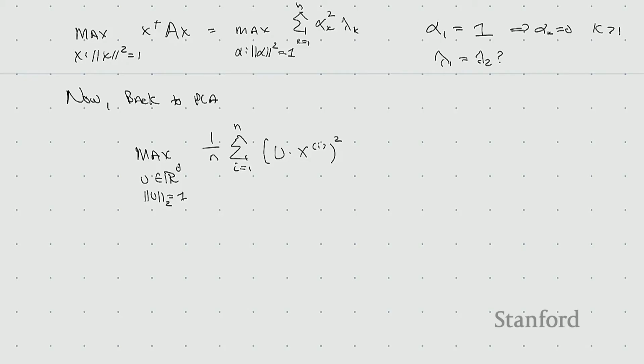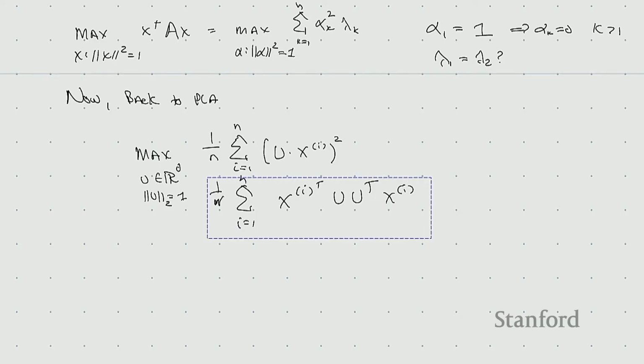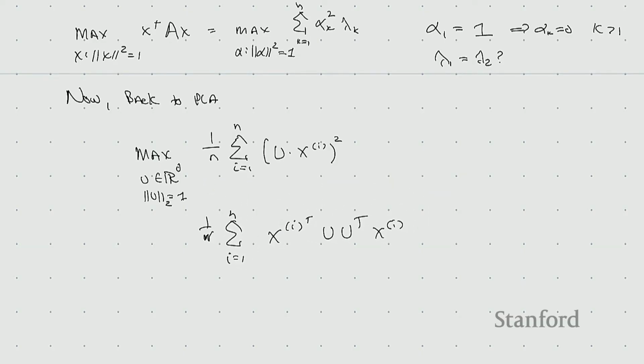Well, this expression here, we can rewrite as x_i transpose u transpose x transpose u transpose x_i, sum i goes from 1 to n. Let me drag that and give myself a little more space here so it's not crowding you too much. Okay? So these two expressions are equal. I'm just expanding out the square.